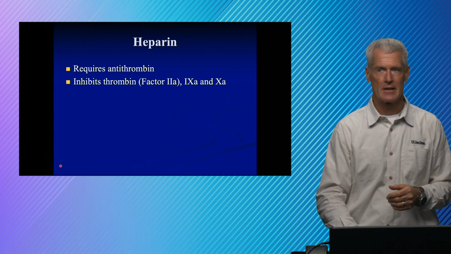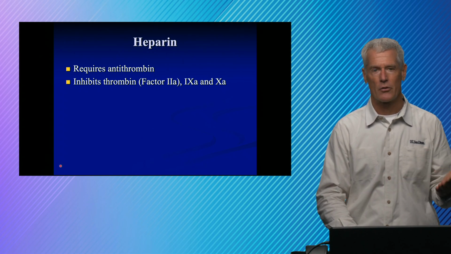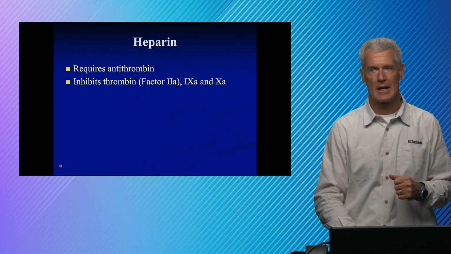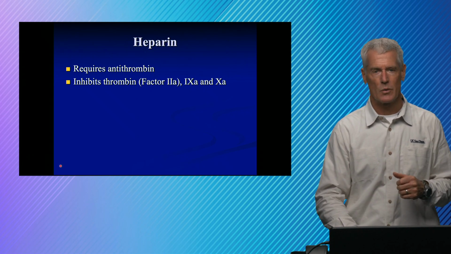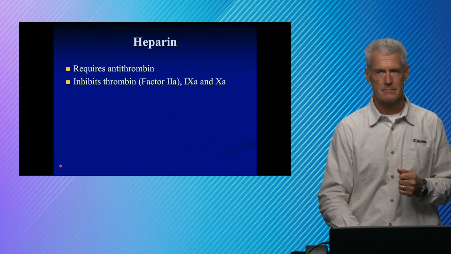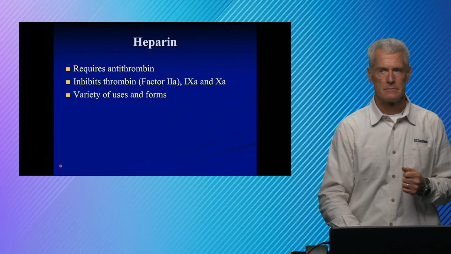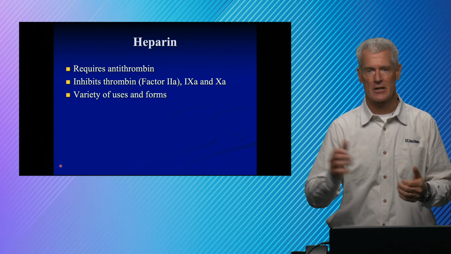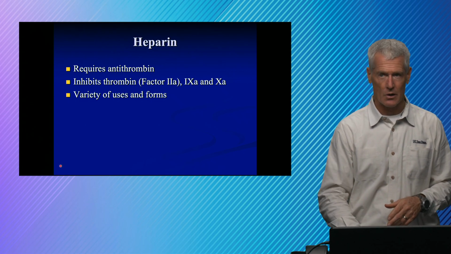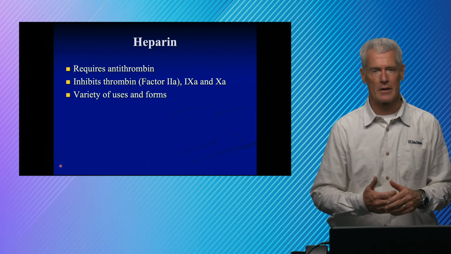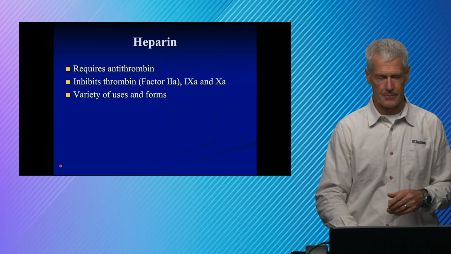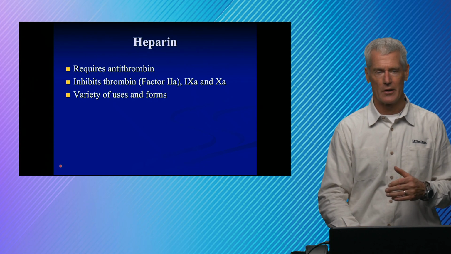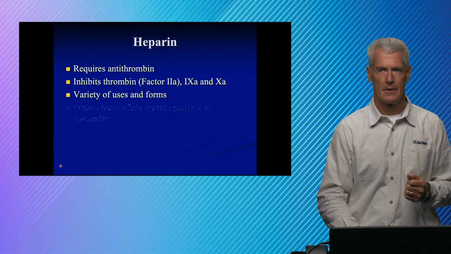It's primarily acting by inhibiting thrombin, which is factor 2, which also feeds back into amplifying 12 and that pathway. 12 is going to activate 11, which eventually activates 10. So there's a variety of different forms of heparin. There's short-acting, there's low molecular weight, and basically, depending on what you're trying to do, you use a different form of heparin.